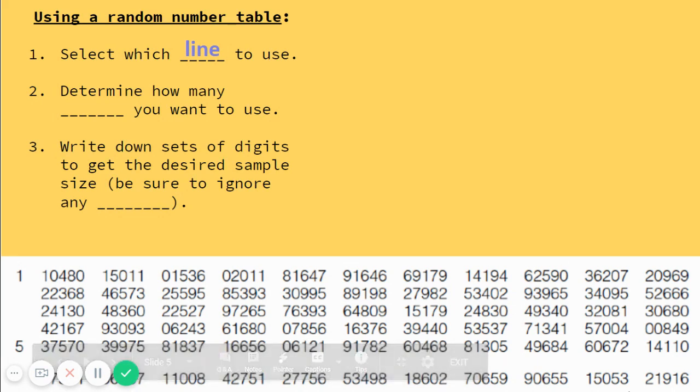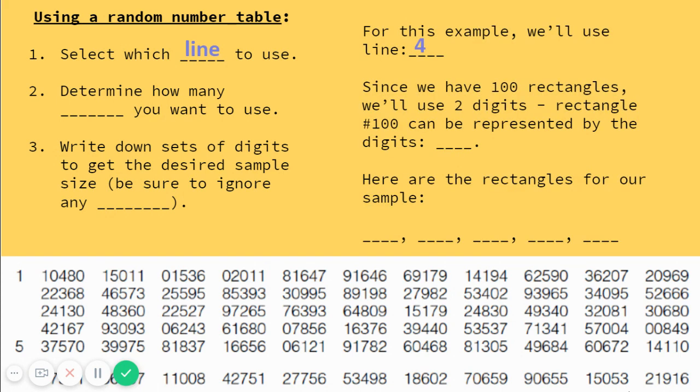They're numbered for convenience to make it easier to read. Now, in our example here, we're going to start with line 4. We determine how many digits we need to use. The fewest number of digits that will accurately reflect our whole population is the best.